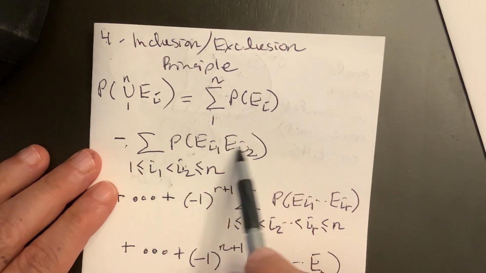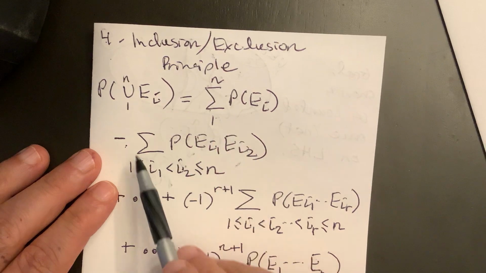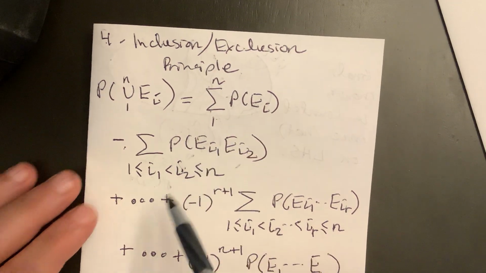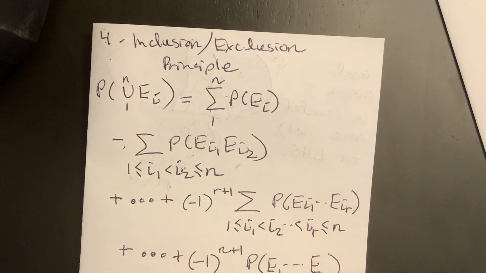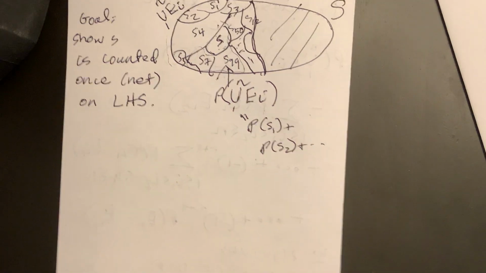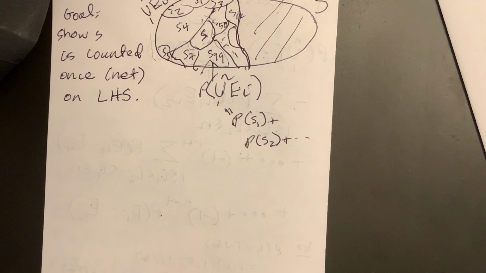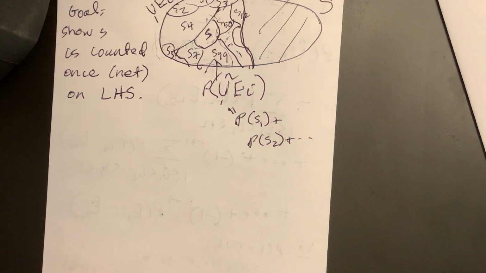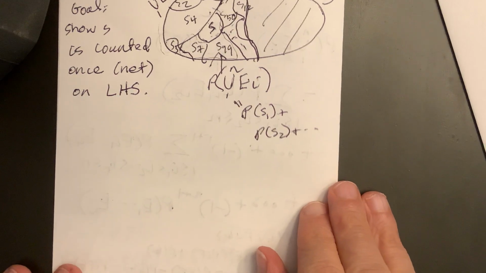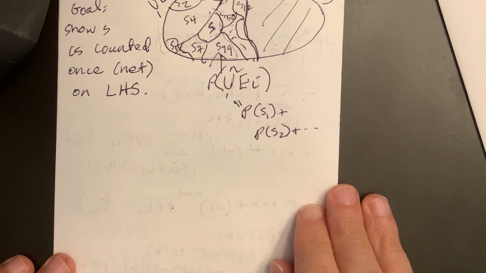But it will get subtracted out over here. So the idea is a net of one time on the right-hand side. When I say S is counted, I mean P of S is added in a net time of one time. It's added in, then subtracted out, added in, and we just want to count the net. So we're going to count each term.